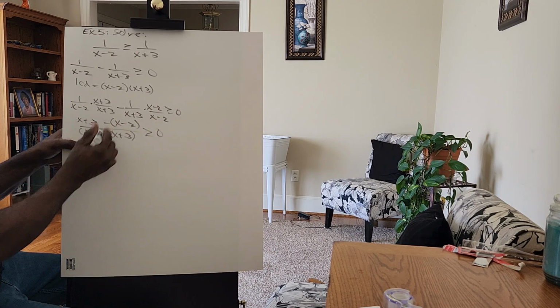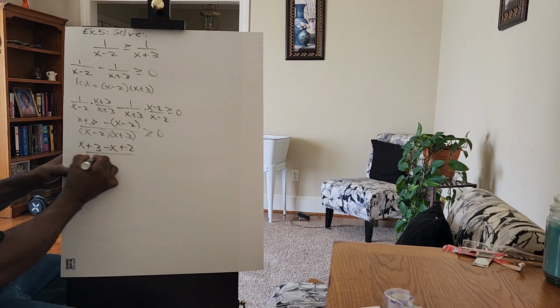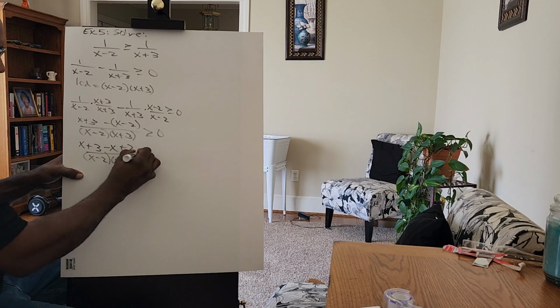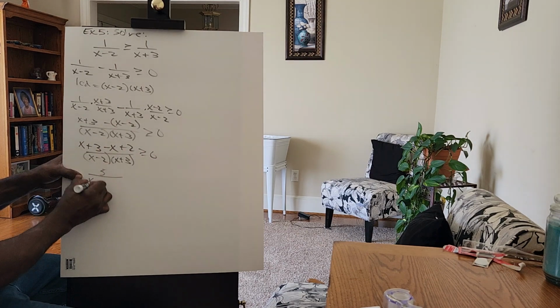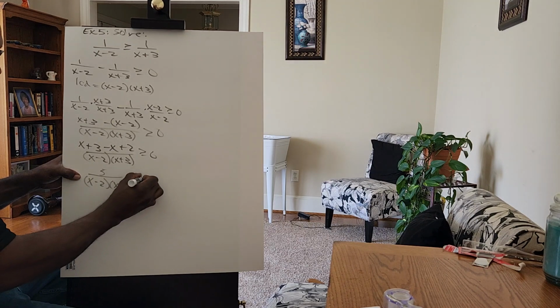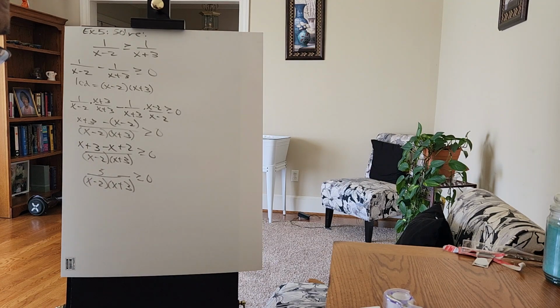So x plus 3, negative 1 times x is minus x. Negative 1 times negative 2 is plus 2. Okay, x minus x goes away, and I get 5 over x minus 2 times x plus 3. Okay, now there's my simplified inequality.